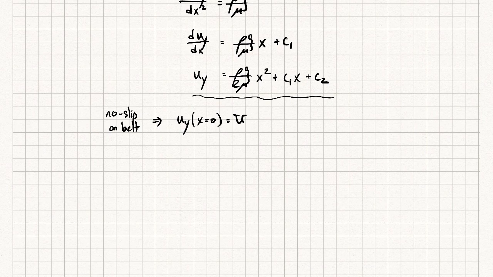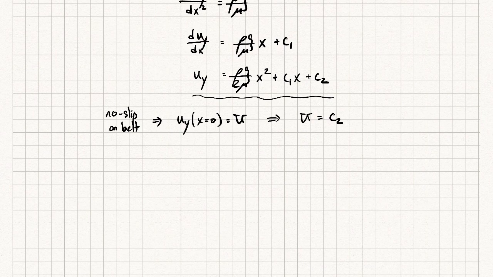Okay, so with that boundary condition in mind, we'll see that C2 is equal to, oops, it's not 0. That C2 will end up being equal to capital U. Okay, so we have that one.